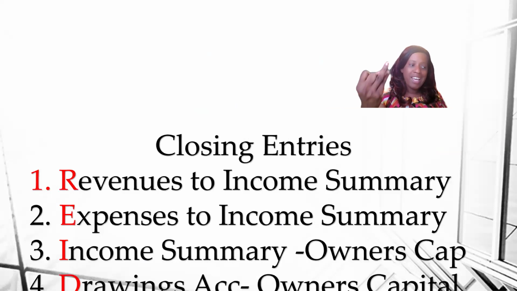We're going to close our expenses. We're going to close our gains or income summary. We're going to close our losses. We're going to close our drawings. And where are we closing them to? Accounts like owner's capital, retained earnings. Everybody got that?